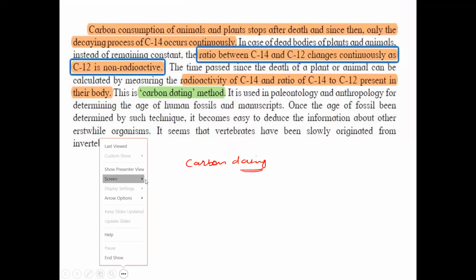So first, what happens is that we all, whether it is plants or animals, have a very important component, or we can say the element, that is carbon. So carbon in our body, it is present in plants as well as in animals. So now suppose you are living now, you are alive.